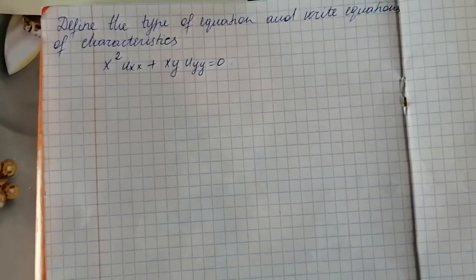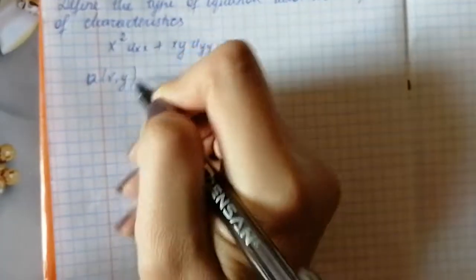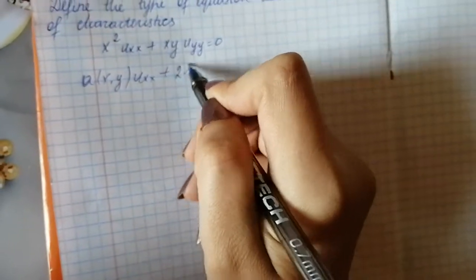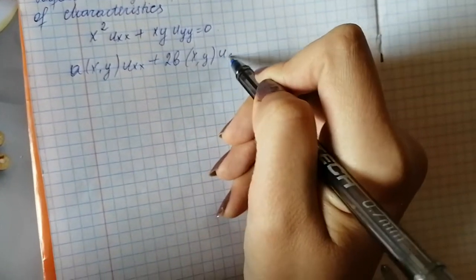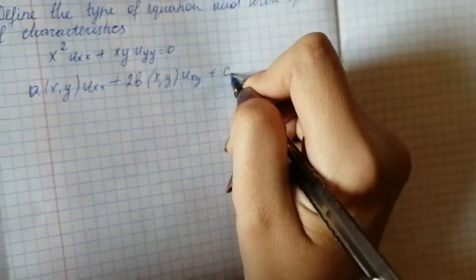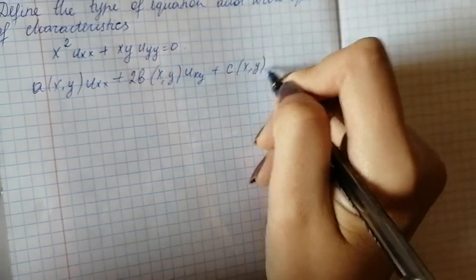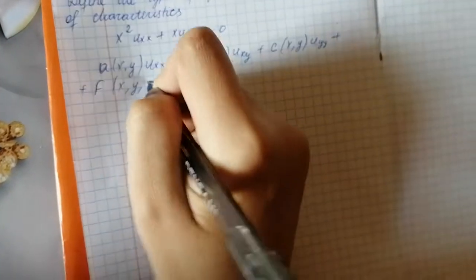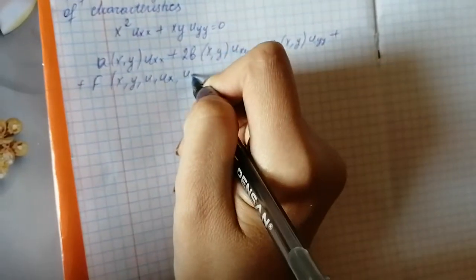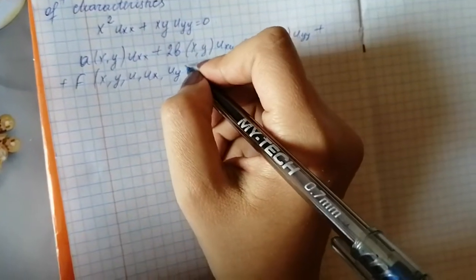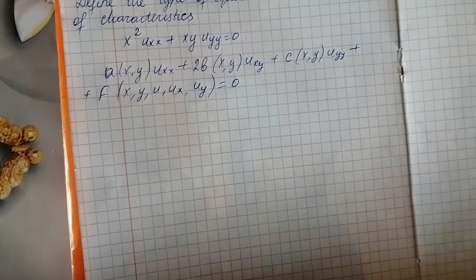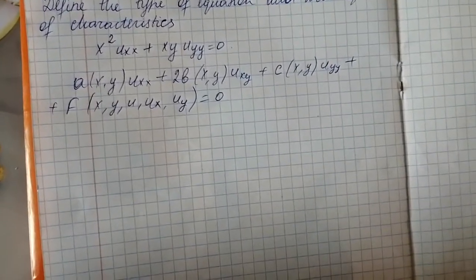What does it mean? Firstly, an equation of the form a(x,y) uxx plus 2b(x,y) uxy plus c(x,y) uyy plus f of x, y, u, ux and the derivative of u with respect to y is equal to 0 is called a linear partial differential equation of the second order.